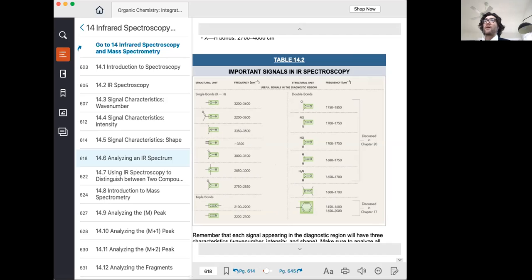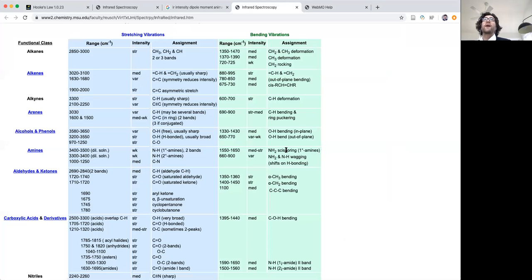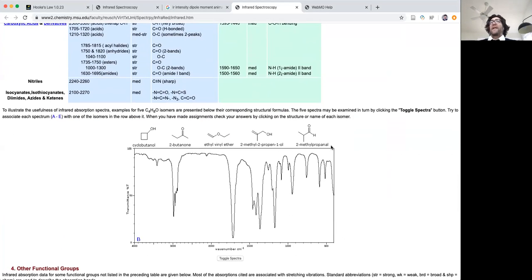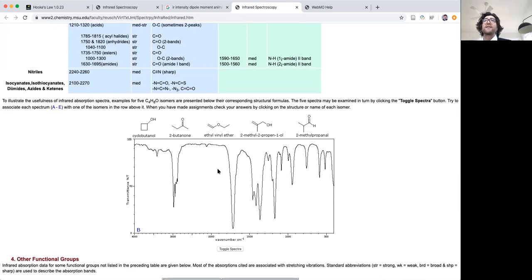Okay, back to our resource. Here we are. We can use these to deduce what types of molecules might be present just by the spectrum. So here is a typical IR spectrum of 2-butanone. Okay, so first thing we should find is 3000.